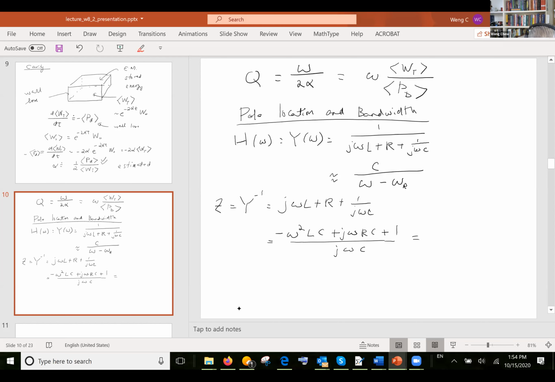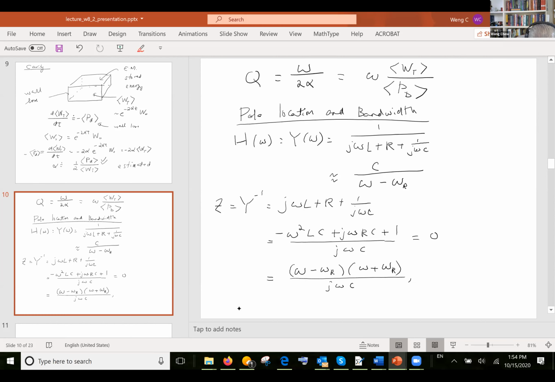If you want to look for the zeros of this, then you can factorize this. This can be written as omega minus omega r, plus omega r, okay, over j omega C.